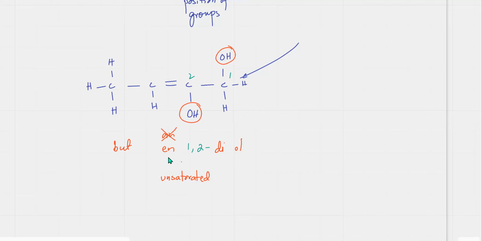Plus it's en. Now, if it's en, you have to mention the position of the double bond as well. Counting from this side, the double bond is at carbon number 2. So the double bond is at 2. So this is but-2-ene-1,2-diol. Is this clear?